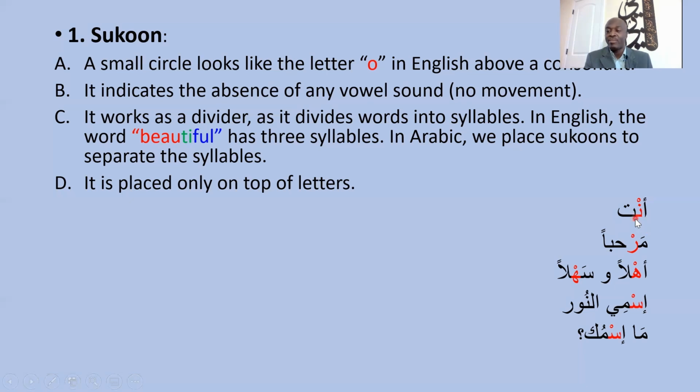If you have not yet watched my video about personal pronouns, I also highly suggest that you go back and watch that video. So see, anta, we hit the brake, and we don't go anet. Say anta. This is the first syllable, an, and then ta, the second syllable. So we put the sukoon, anta, and we do not put any short vowels here.